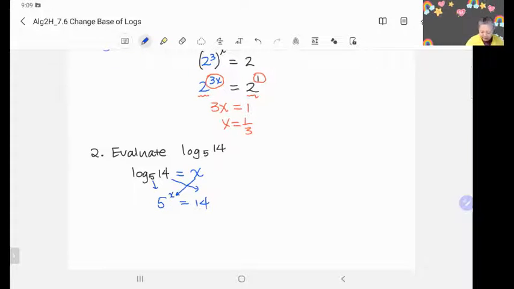So compared to the earlier example, we were able to match the base so that we can directly compare the exponents from both sides, and then it was clearly easy. But now this is a little bit of a problem because it might not be simple for us to match the base with 5 and 14. They are not really good ingredients, as you see.